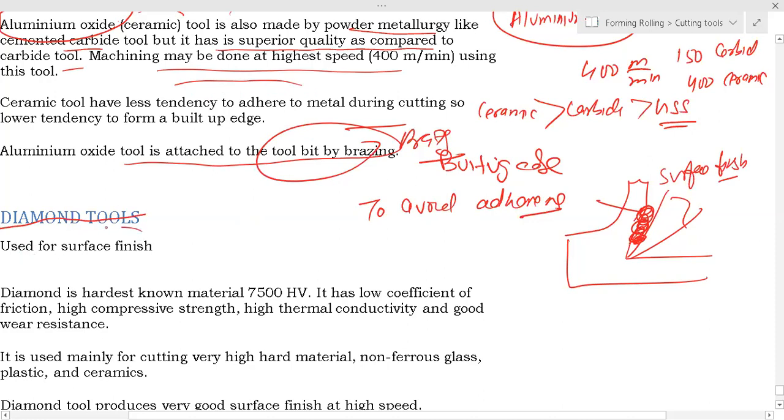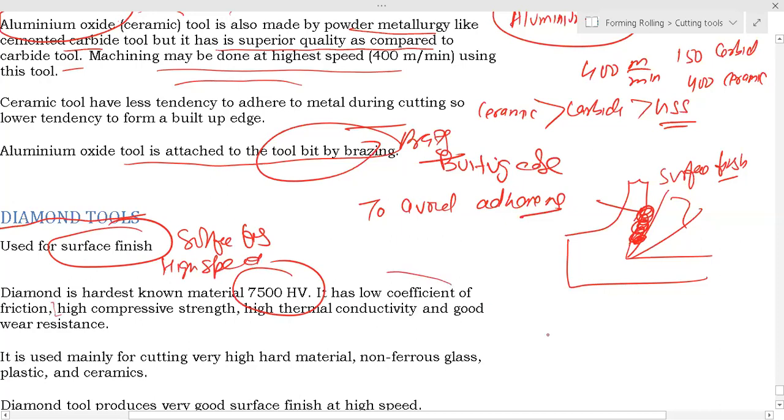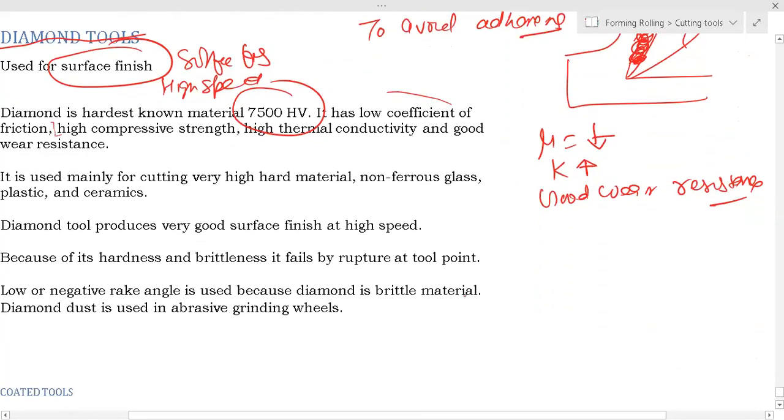Then the diamond tool, which is used for surface finish, and it has the highest hardness. It cuts at high speed, has a low coefficient of friction, mu value is low, high K value is high, and good wear resistance. So the diamond tool produces very good surface finish at high speed, that you have to understand.